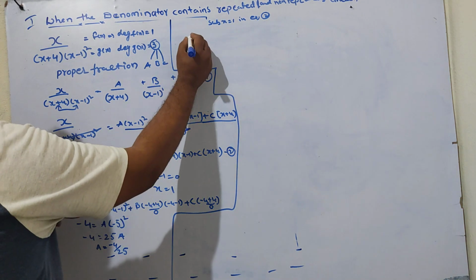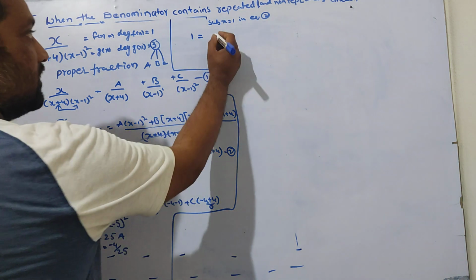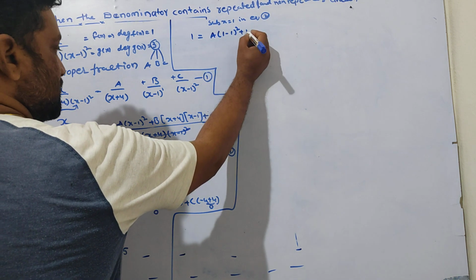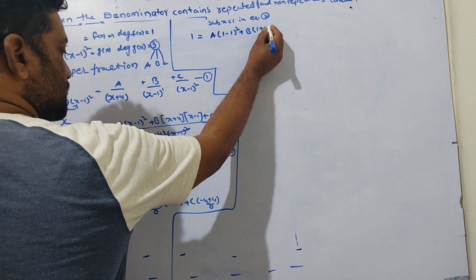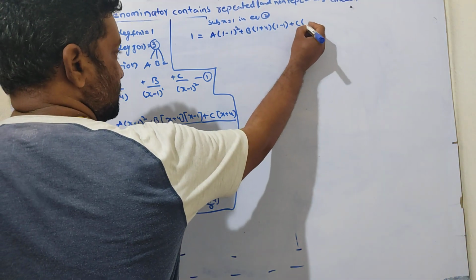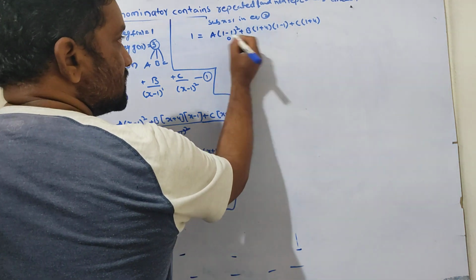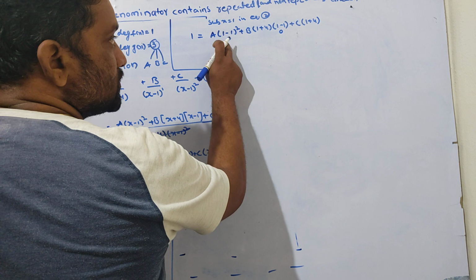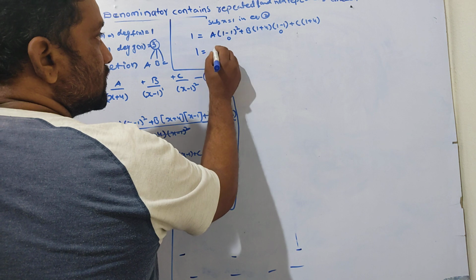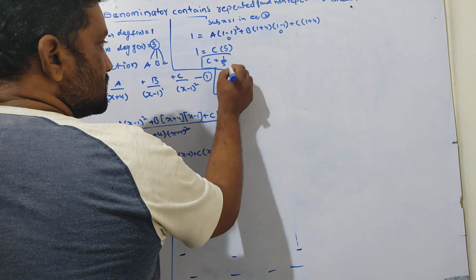So x having here, that is 1 is equal to a of 1 minus 1 whole square plus b of 1 plus 4 times 1 minus 1 plus c of 1 plus 4. So 1 minus 1 value is 0. A into 0 is 0, b into 0 is 0, 0 into something is 0. That is 1 is equal to c of 5. Then c is equal to 1 by 5.